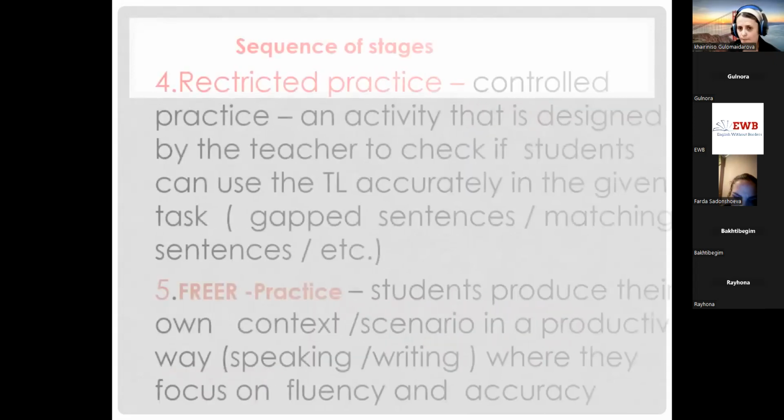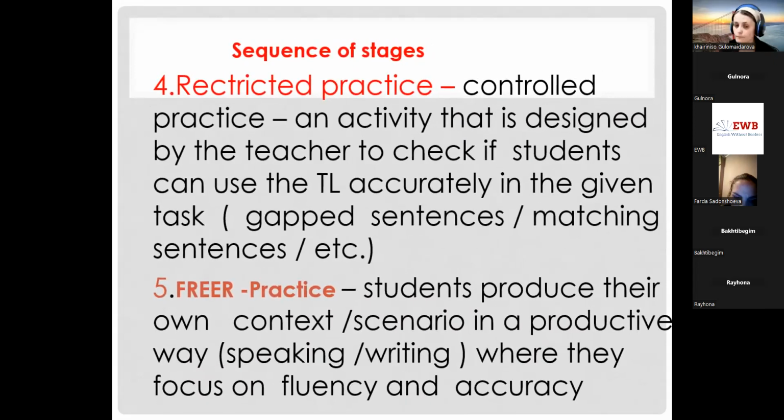Next is restricted practice, which we usually call controlled practice. This is an activity designed by the teacher to check if students can use the target language accurately in a given task. For example, there can be gap sentences or matching sentences with a picture or with their opposite meanings.